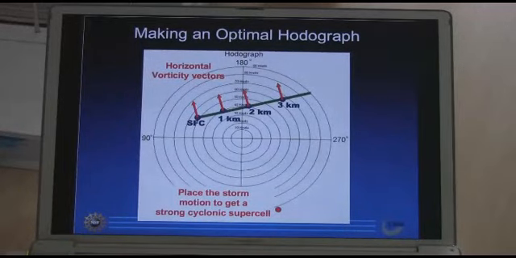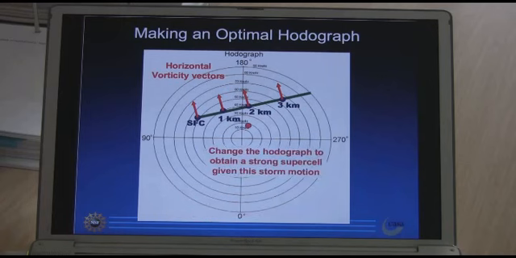And so the point is that if you have wind profiles that are fairly idealized like that, and even if you don't, the computer program can plot contours of the helicity for a given storm motion. So it makes it very easy to see the relationship between storm motion and helicity.